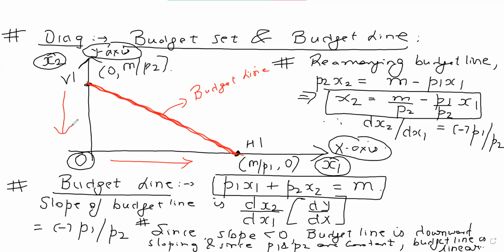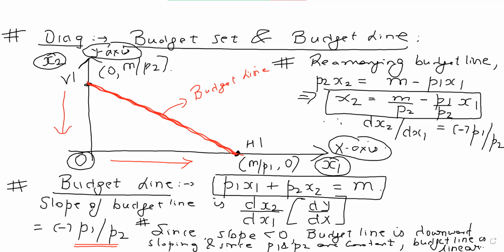Because we assume perfect competition, prices are constant. Prices of good 1 and good 2 are all set by the industry. The firms take these prices as given. Since prices are constant at a given point of time, not over a period of time, P1 and P2 are constants. So the slope, which is minus P1 by P2, is also a constant.